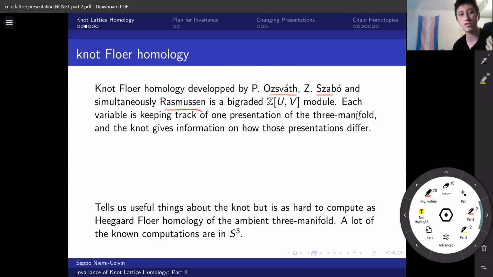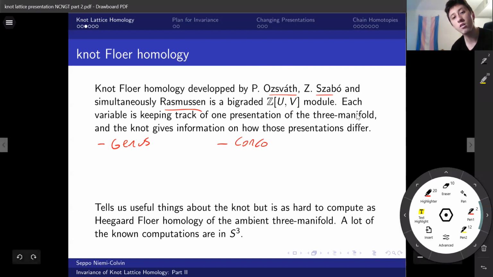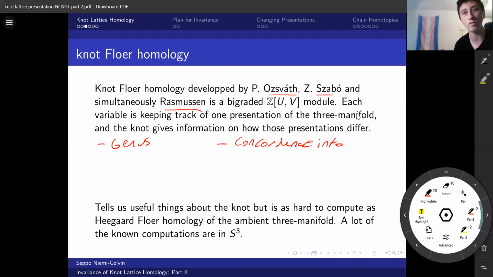Each variable is keeping track of one presentation of the three-manifold, and the complex gives information on how these two presentations differ. It tells us lots of useful things about the knot, such as the genus, which you can detect on the nose using knot Floer, and concordance info, which isn't quite as precise, but still gives you, for example, lower bounds on the four-ball genus.